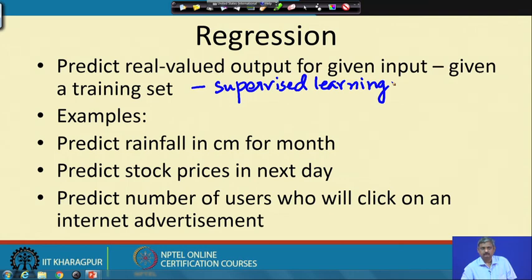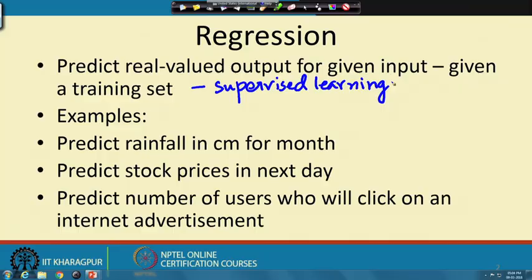Some examples: maybe you go to weather.com and want to predict the rainfall in centimeters for the next 1 month, some real value, say 230 centimeters. Or you want to predict the value of a stock on the next day, that is also a real value.